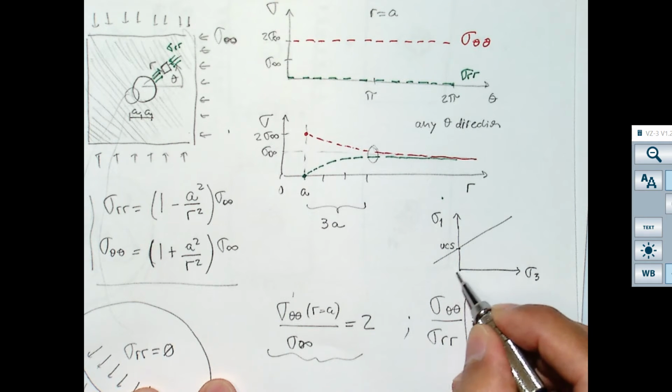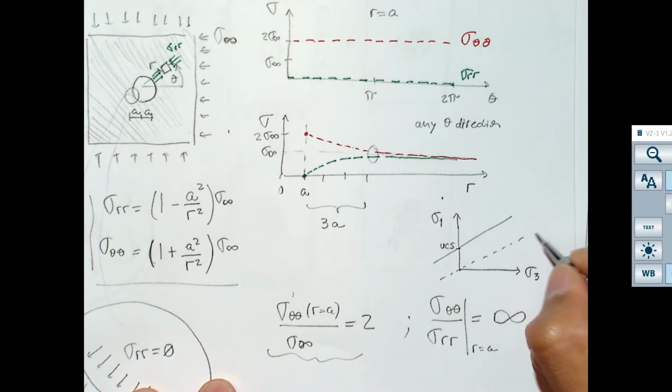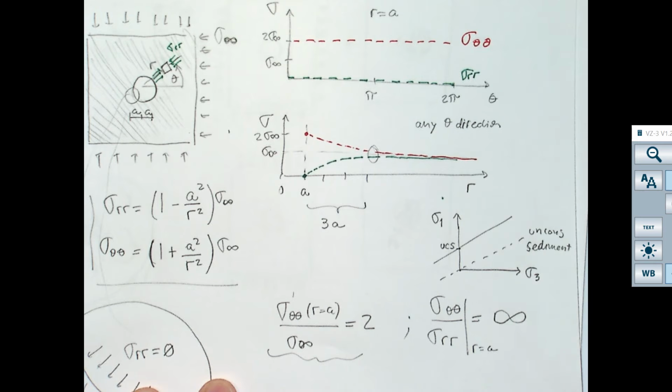We were saying that if you were to try to do this in an unconsolidated sediment, like dry sand, this is not going to work, because if you don't have radial stress, you don't have effective support in one direction, and you cannot put any stress on the other direction.